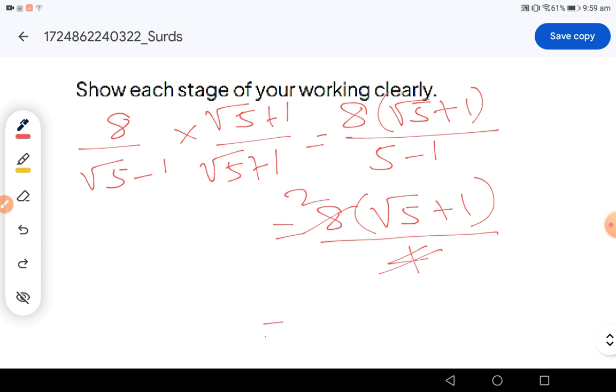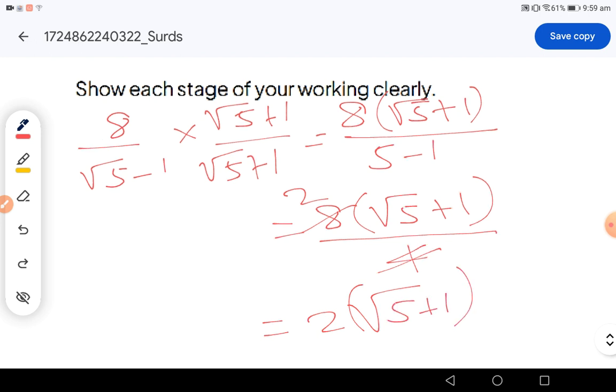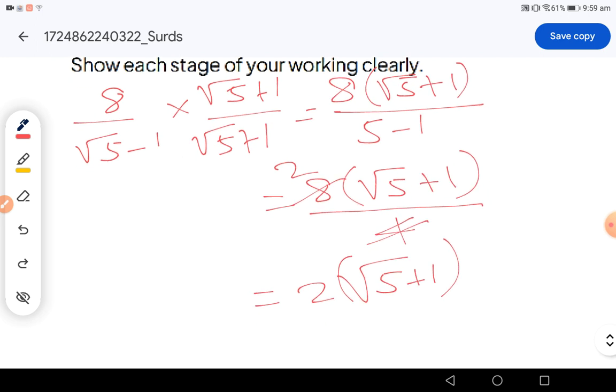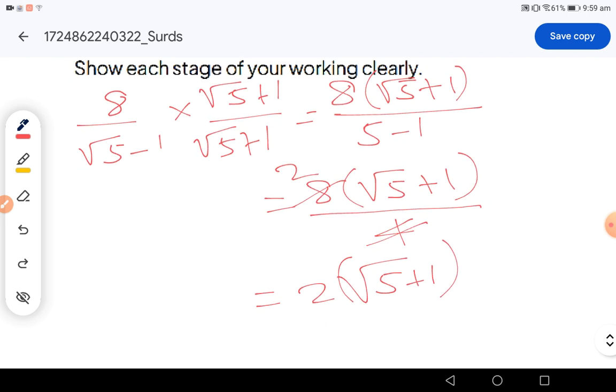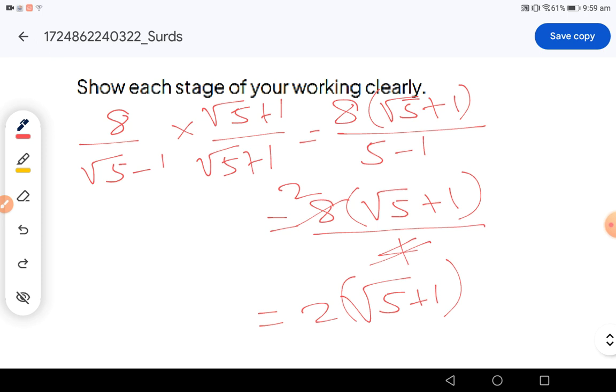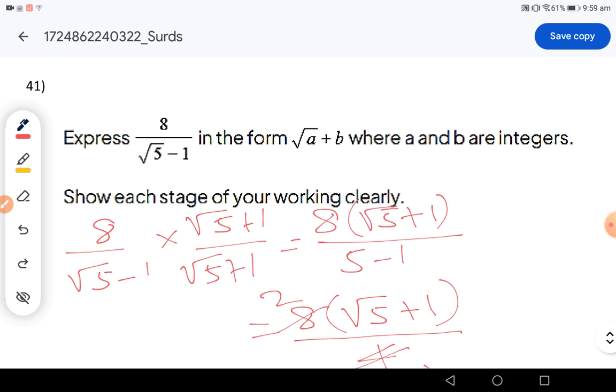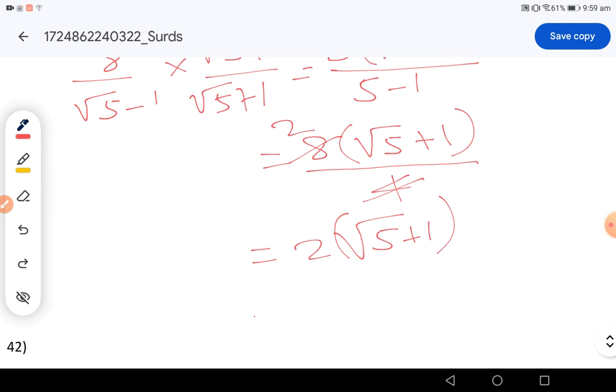So equal to 2 into root 5 plus 1. It is written root A plus B, so 4 into 5, 20.